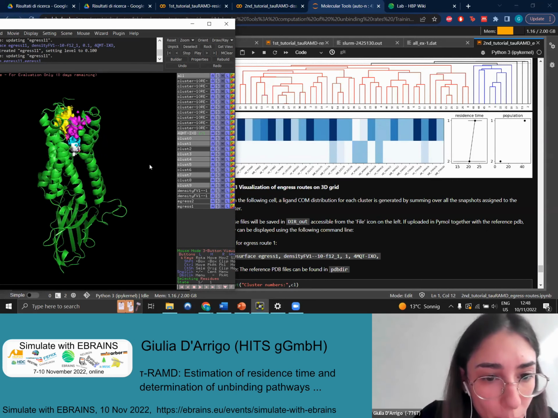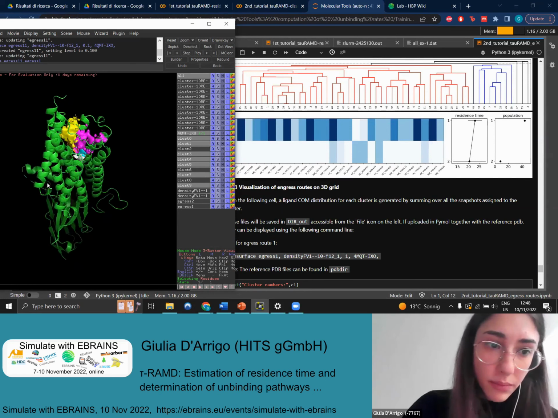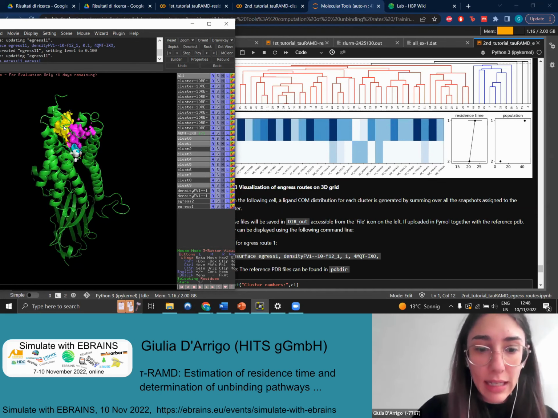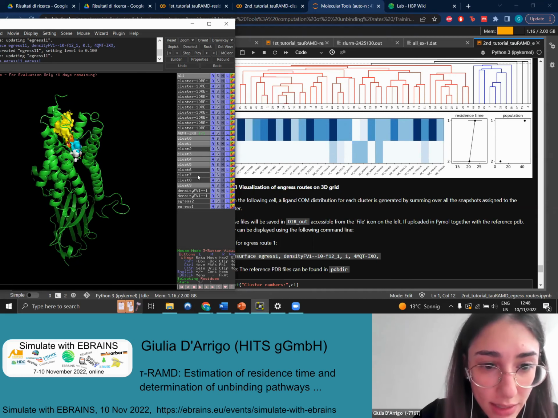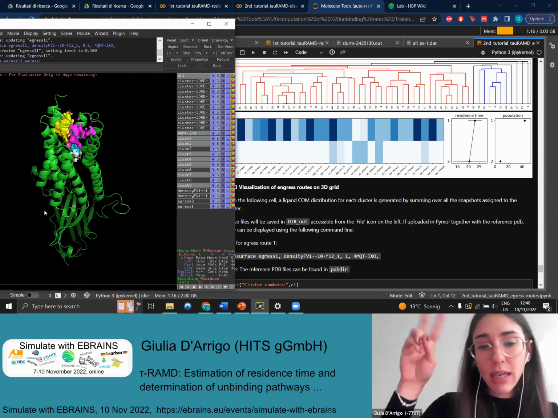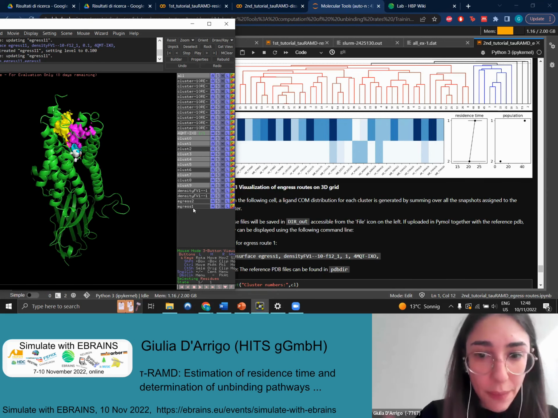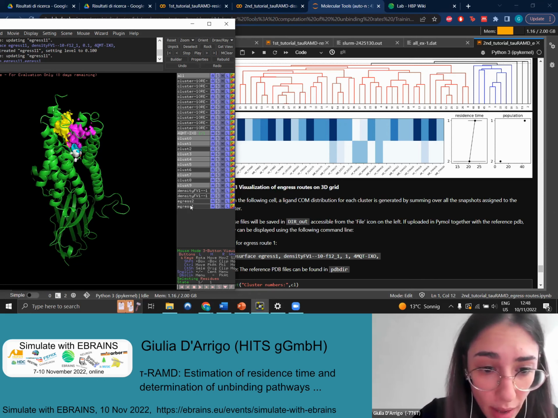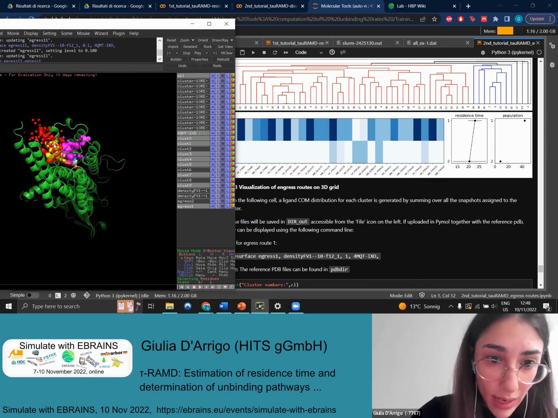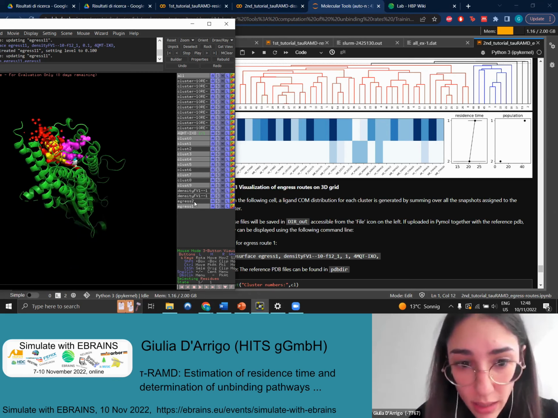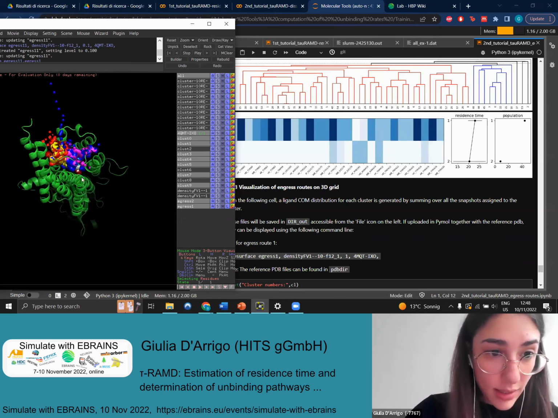And I hope you remember, we had cluster 9, which was guiding and leading to the main egress path. And then we had cluster 7, the magenta one, which was the second populated egress. If we look at the main egress path, which is this one in red, you can see indeed that it goes through the yellow cluster. And if we look at the second egress route, you see indeed that it mainly goes through this magenta cluster.